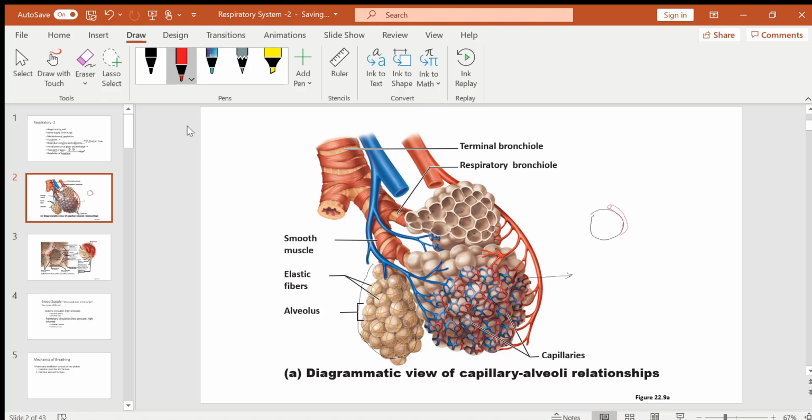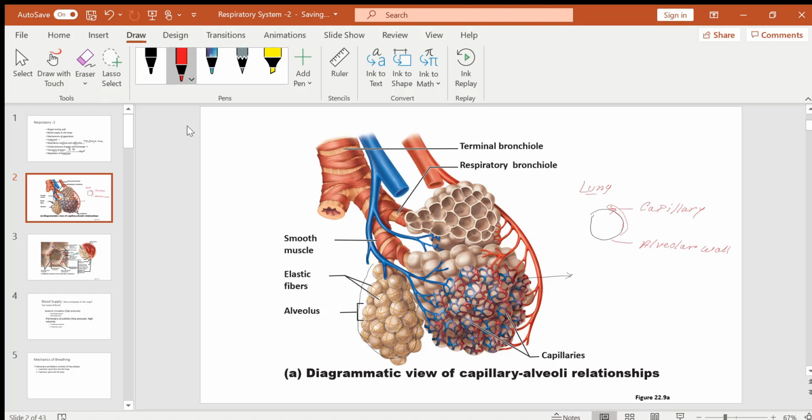So this is the capillary, and this is the alveolar wall. Okay. And we know that blood goes to the lung to get the oxygen, right?